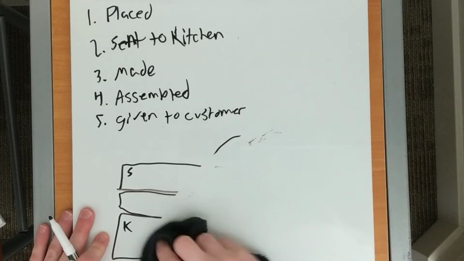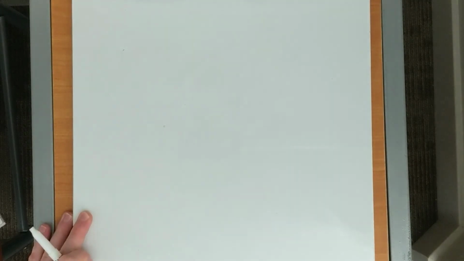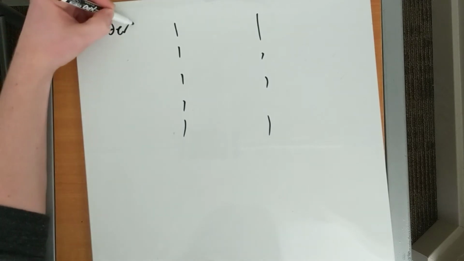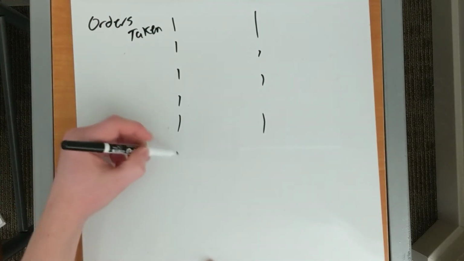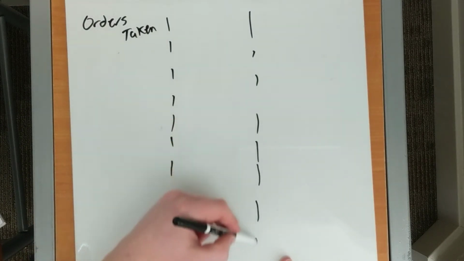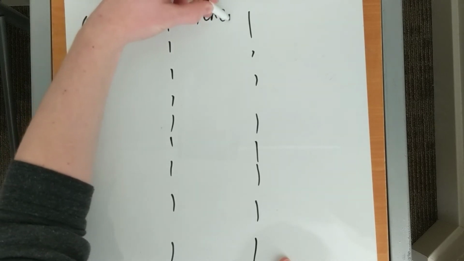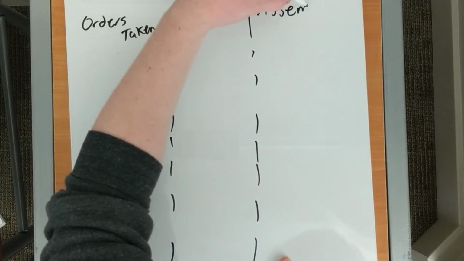We can divide our process here into three potential bottleneck locations, and those would be orders taken, orders being made by the kitchen, and orders being assembled and given to customers.